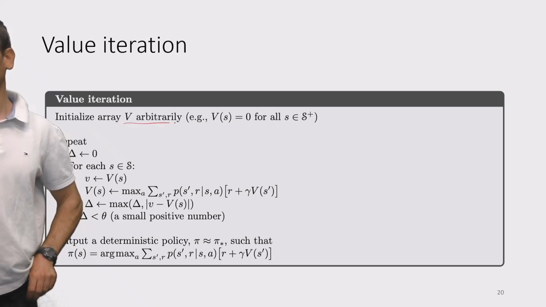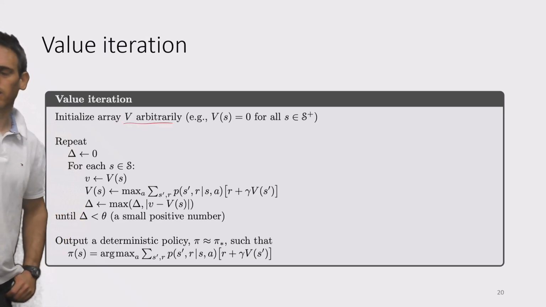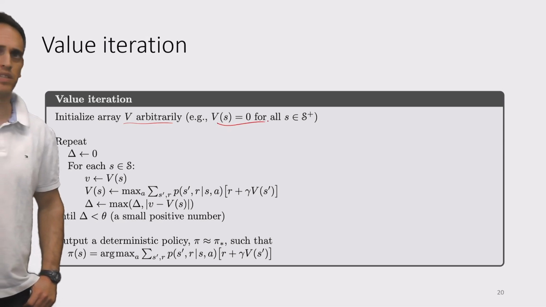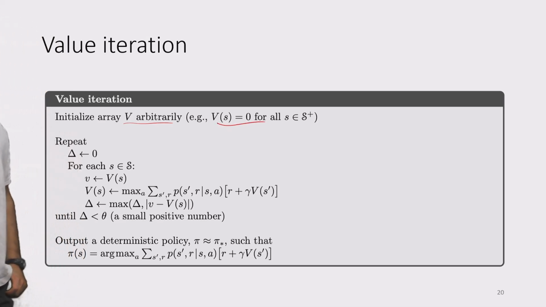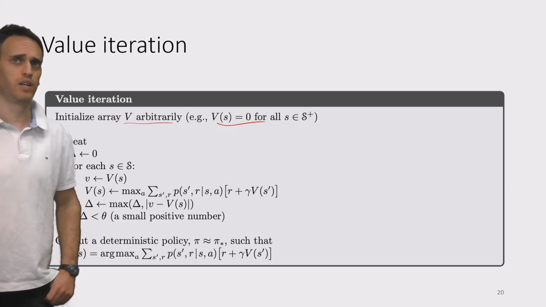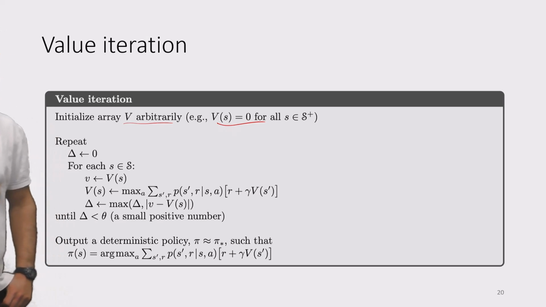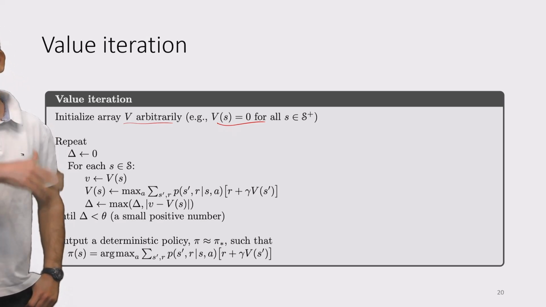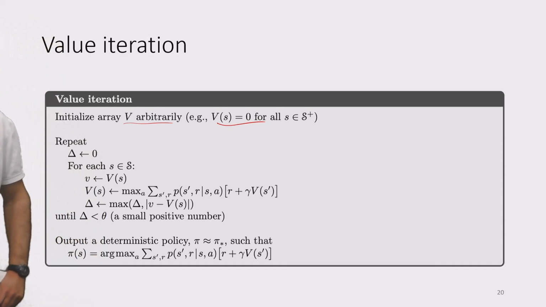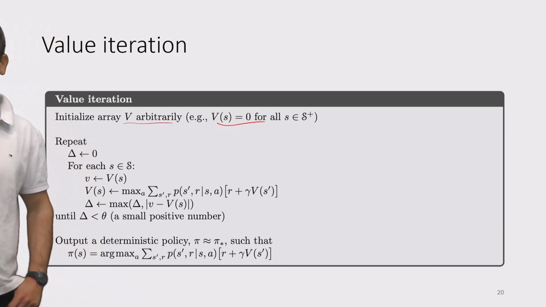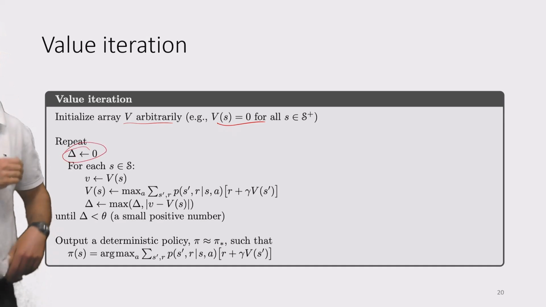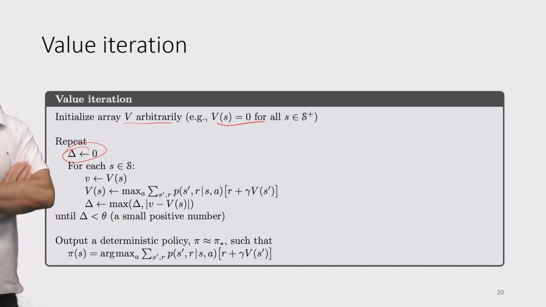So we can initialize the V values arbitrarily, okay? For instance, we can set them all to zeros, but it's not really important. I will later show you a proof of convergence, and the convergence will apply to any way that you would like to initialize your state values. But zeros is usually a go-to value. And then we work in iterations, right? We keep track of the largest change in the state value estimation that we've seen throughout the state space, and then we'll continue to update these values until the change is lower than some small positive number.